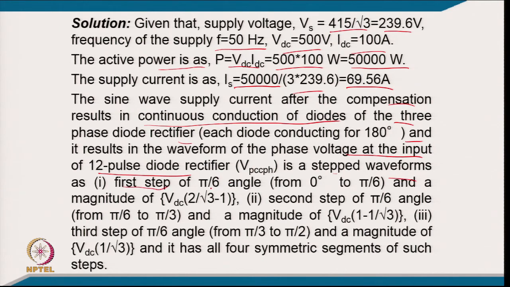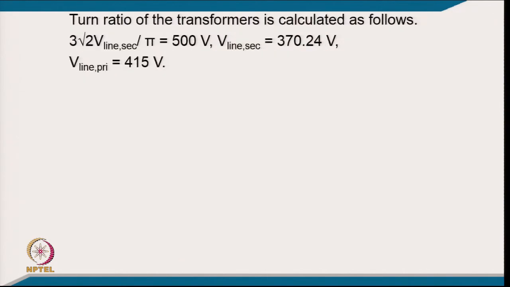The first step is of pi by 6 angle, from 0 to pi by 6, with a magnitude of VDC times (2 by 3 root 3 minus 1). The second step is of pi by 6 angle, from pi by 6 to pi by 3, with a magnitude of VDC times (1 minus 1 by root 3). The third step is of pi by 6 angle, from pi by 3 to pi by 2, with a magnitude of VDC by 3. It has 4 symmetric segments of such nature. It is only for 90 degree, the remaining 90 is the replica, and 180 is the further replica.